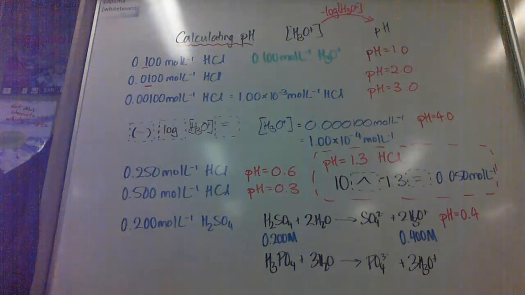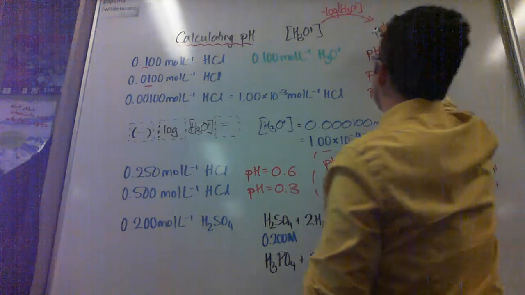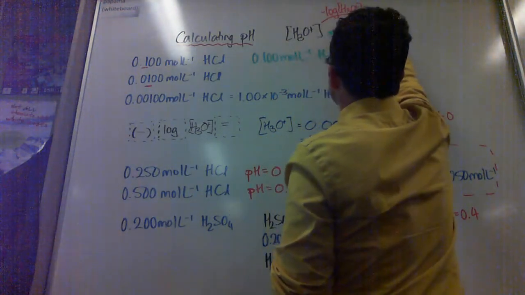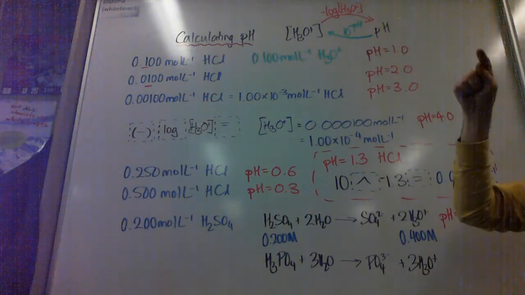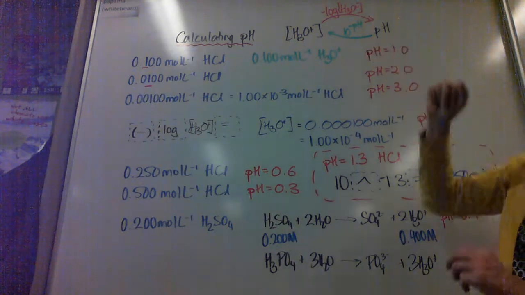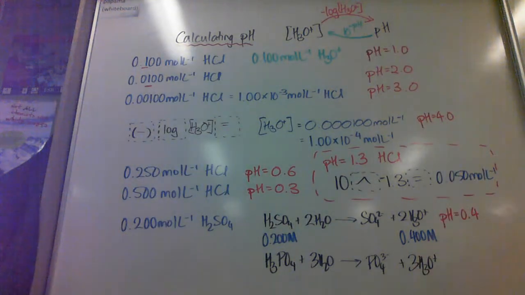If I want to go the other way, where I've got the pH, but I want to find the hydronium, then I'm going 10 to the power of the negative pH. So 10, then that little up arrow, or you might have an x to the power of y button. The negative pH equals, and that'll give you hydronium. From what I've seen lately, going in reverse will only be for monoprotic acids, so ones which contain one proton.